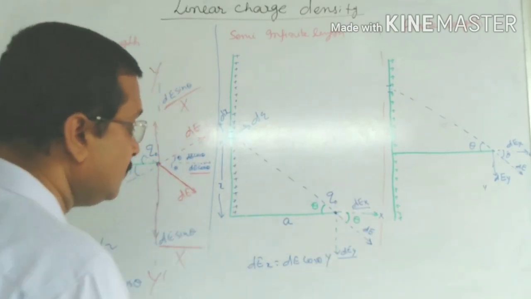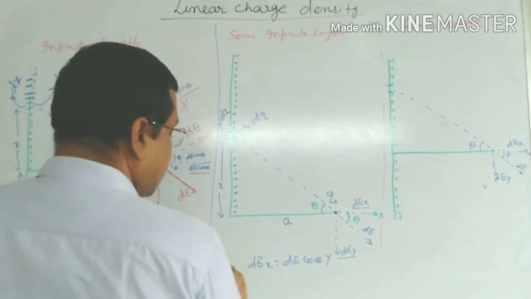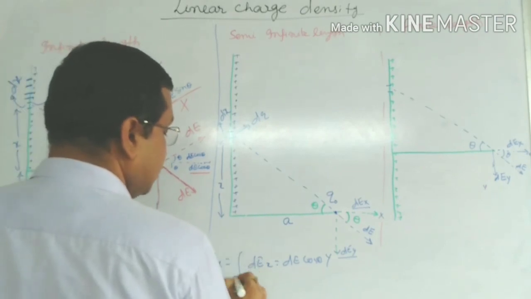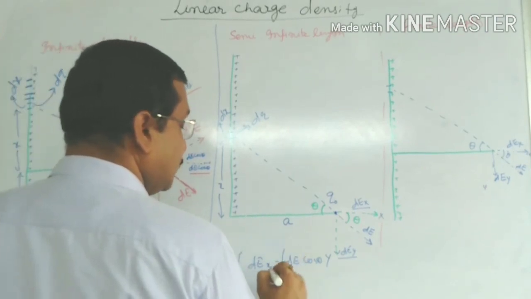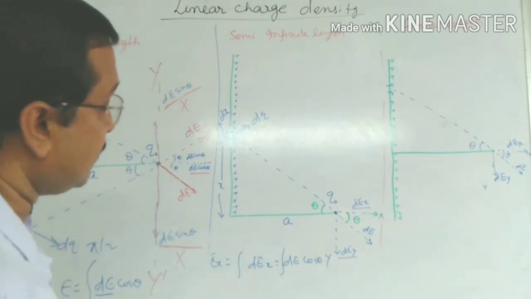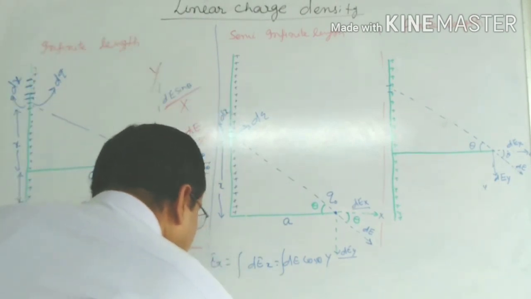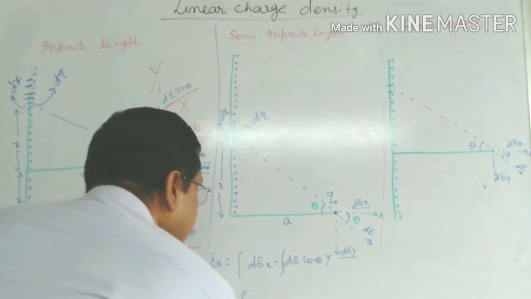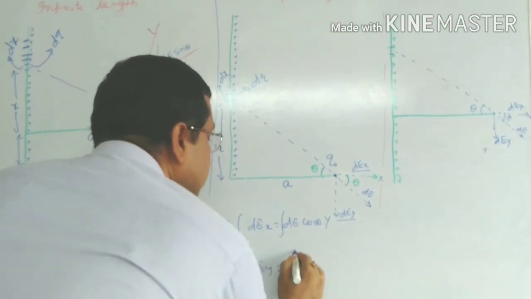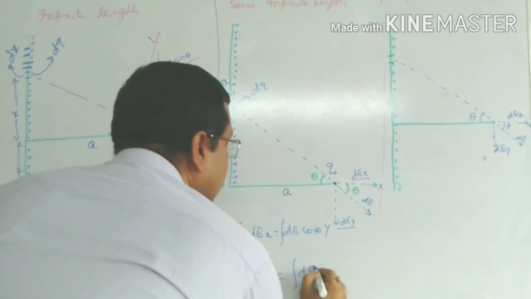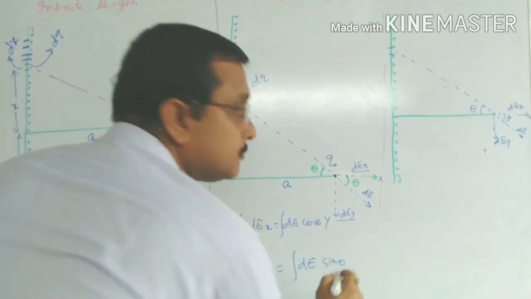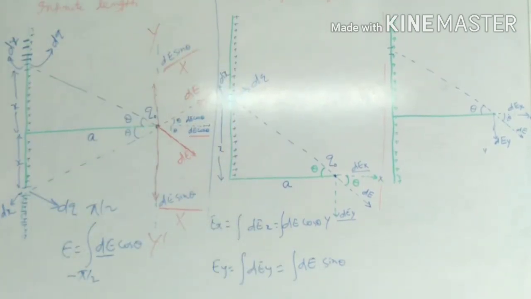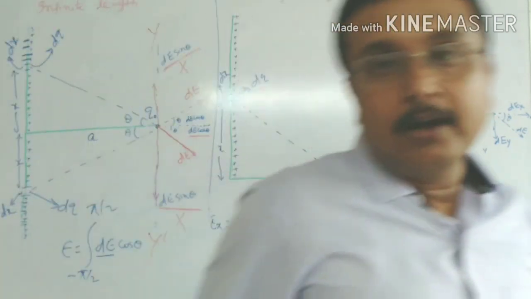So here we can calculate Ex equal to integration of dEx equal to integration of dE cos theta, and Ey: dEy means dE sin theta.